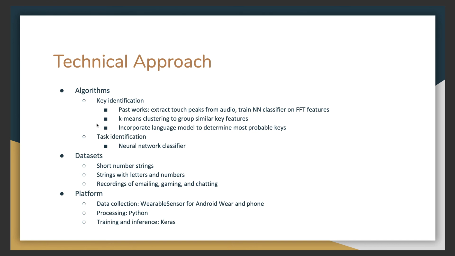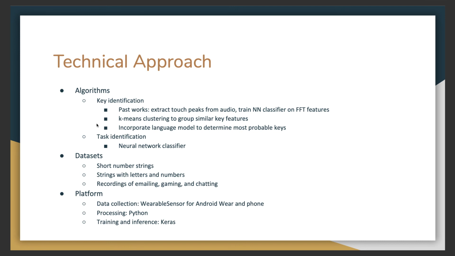But these methods require knowledge of the features of each different key. What if we don't know what the keys sound like? What we will try to do later is perform k-means clustering on the key features, and then use a dictionary or language model to figure out the most probable letters.